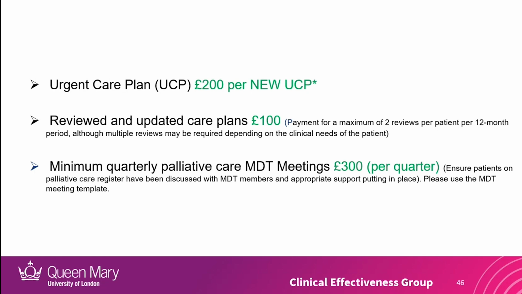So say, for instance, the patient went on the register on the 4th of April, you do your new UCP, then you could do another review, say in July, and then another review in October, and you'll be paid for all 3 of those. So again, make sure that you use the LTC template so everything is coded correctly and you are using the correct codes for this local incentive scheme.